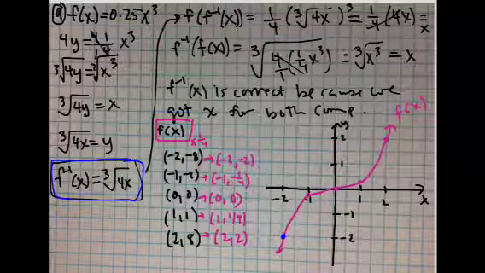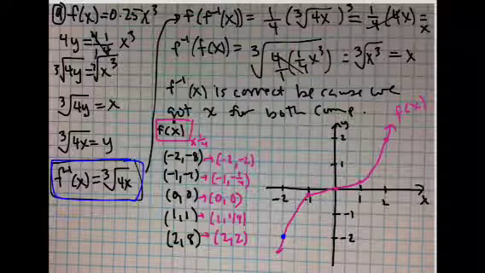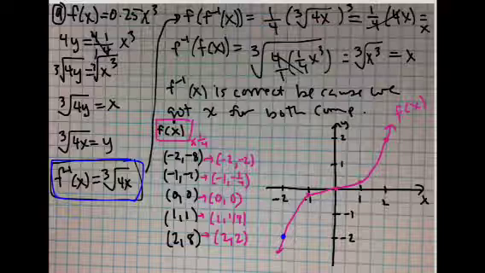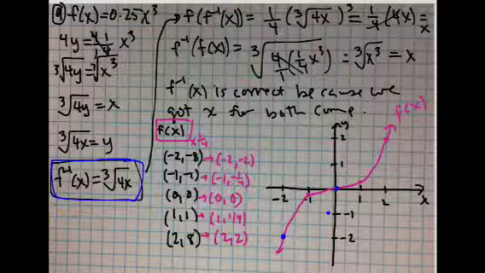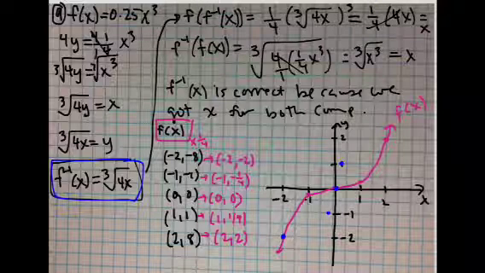Then negative 1, negative 1/4 becomes negative 1/4, negative 1, about here. 0, 0 is still 0, 0. 1, 1/4 becomes 1/4, 1, so that's about right here where the 1 is. And then 2, 2 stays 2, 2.